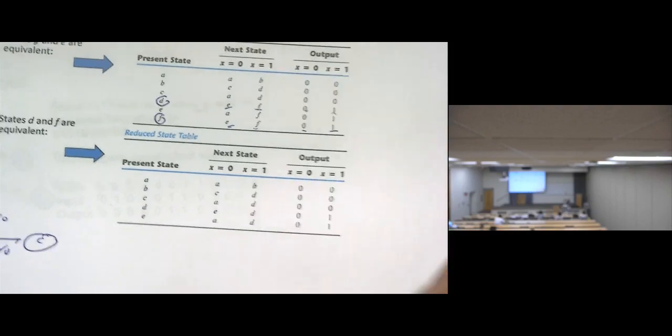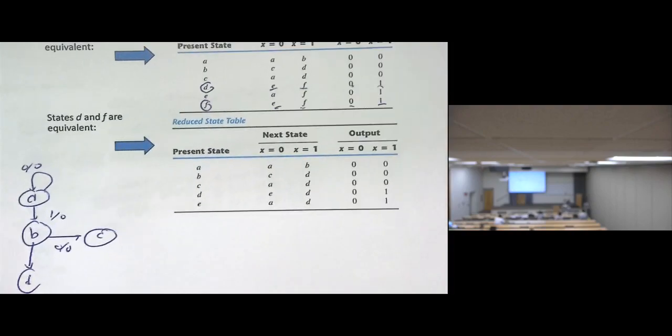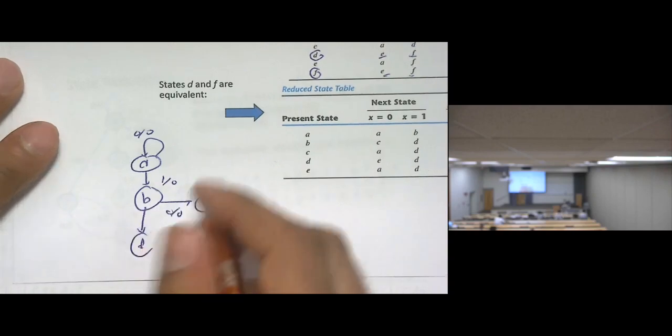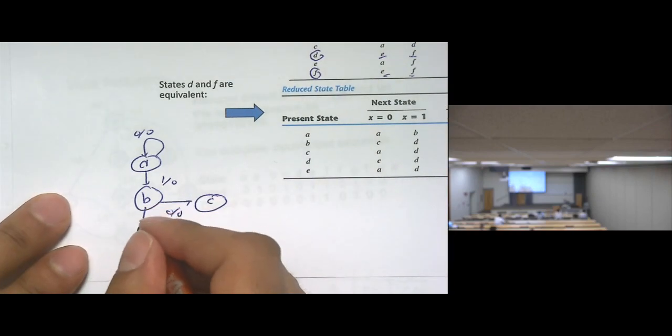If the input is 1, it will go to D. I apologize.